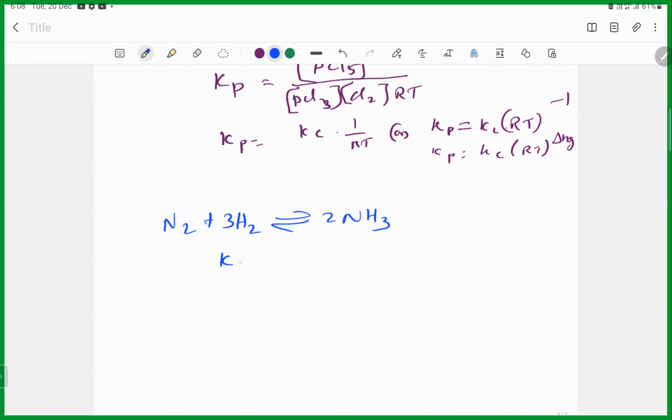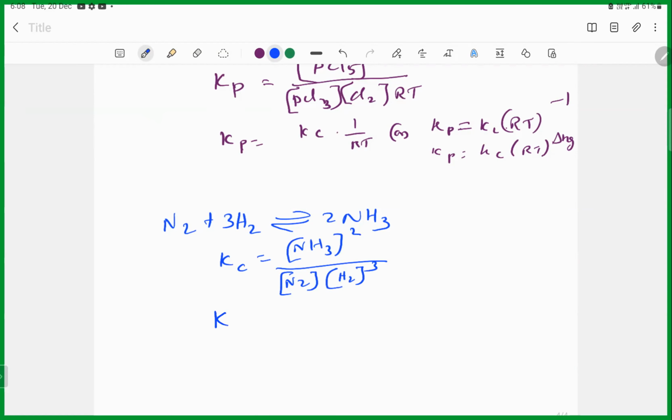Kc is equal to NH3 power 2, divided by N2 into H2 power 3. Correct? Yes.